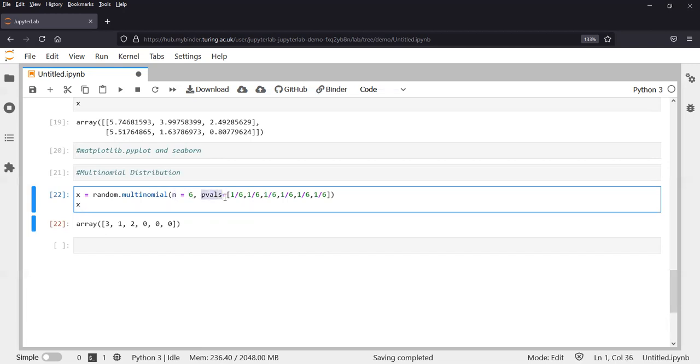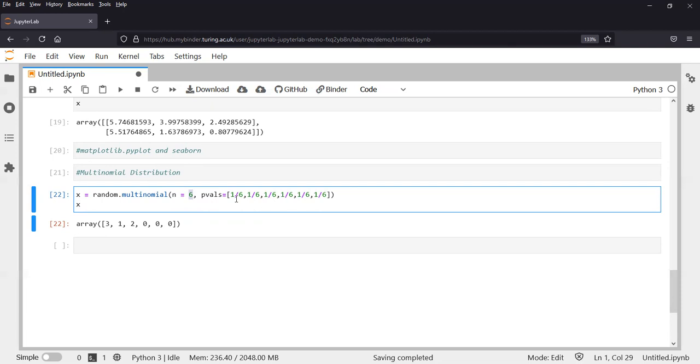The pvals means the probabilities of the outcomes. If you are familiar with the multinomial distribution, you should know that there are 6 probabilities for the 6 possible outcomes.